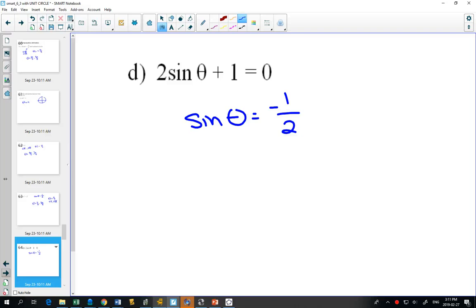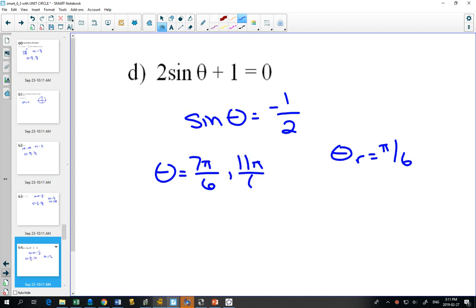Figure out the reference angle, then figure out the answers. Families pi over 6. Did you get quadrant 3 and quadrant 4?